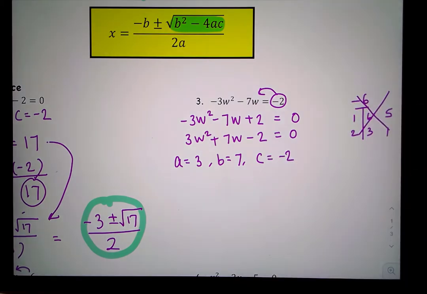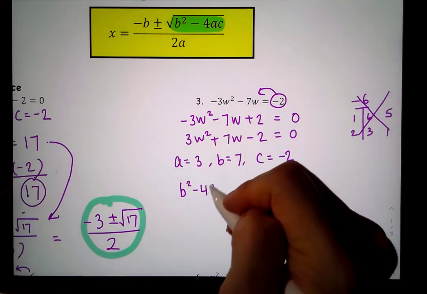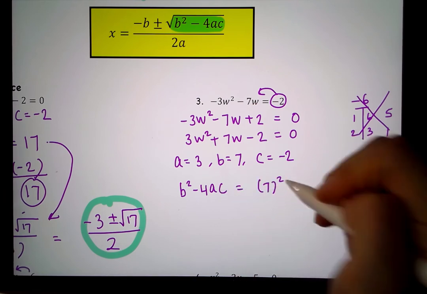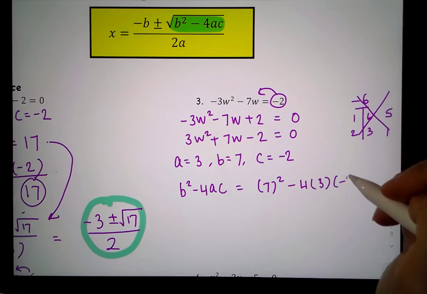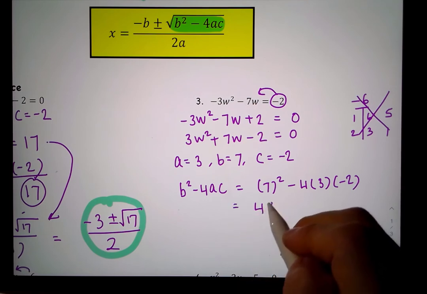And also we will do b squared minus 4ac first, because if that is negative, we don't have to do it more, right? So b squared minus 4ac, then that is 7 squared minus 4ac, right? So that is 49.